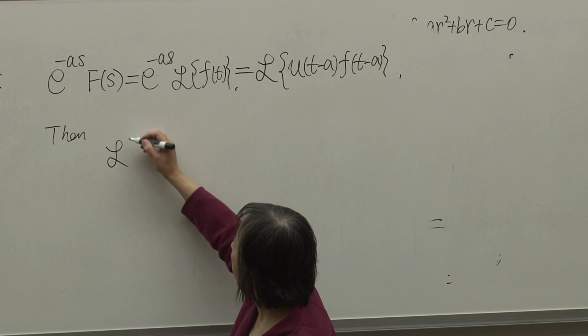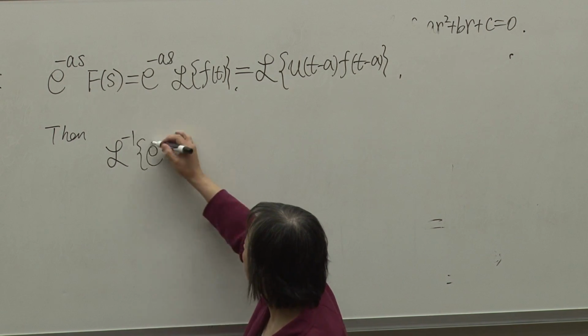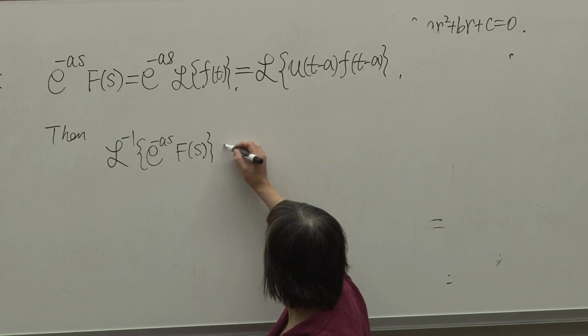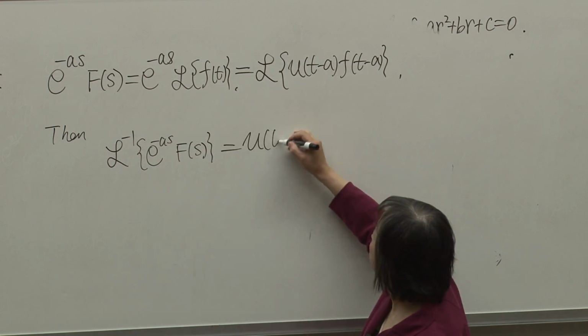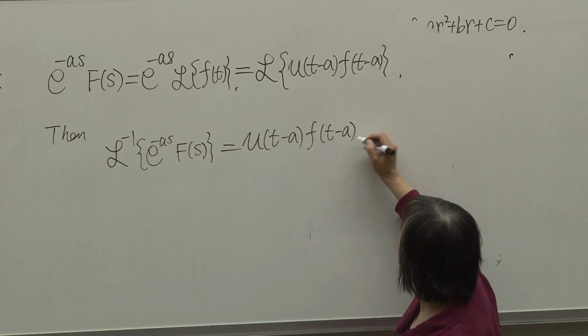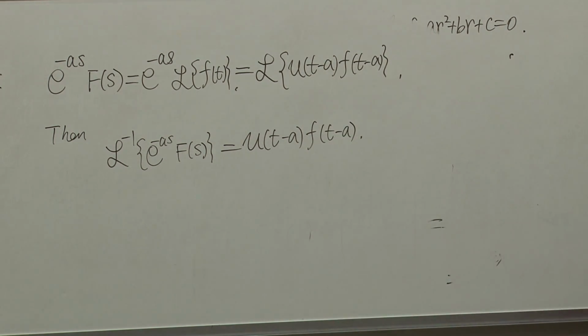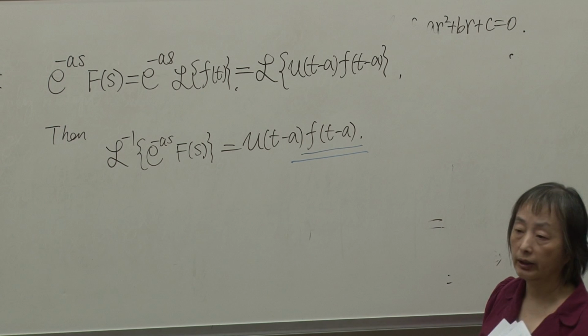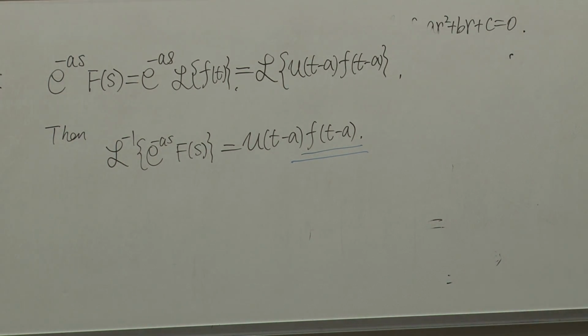So we get the inverse Laplace transform of e^(-as) times capital F(s) must be u(t-a) times f(t-a). This is very important: to know how to write out f(t-a). How do we write out f(t-a)?